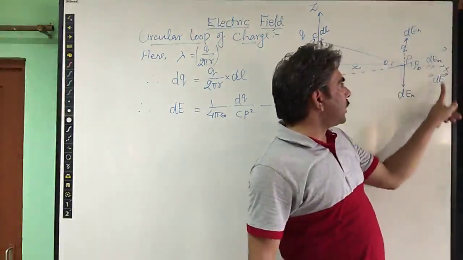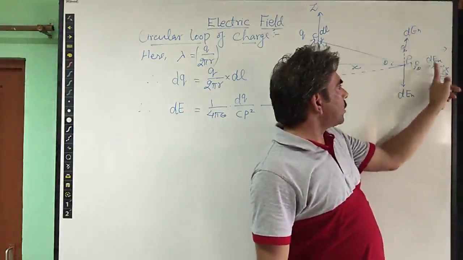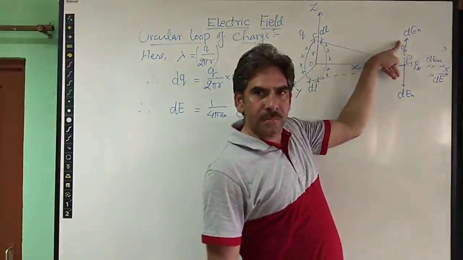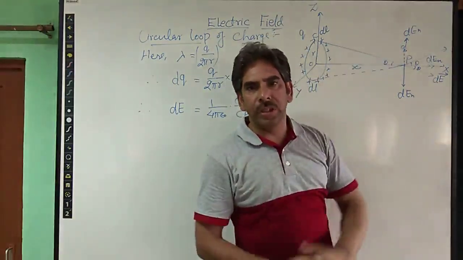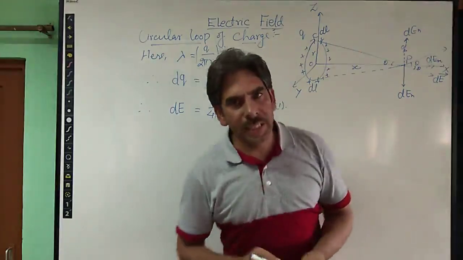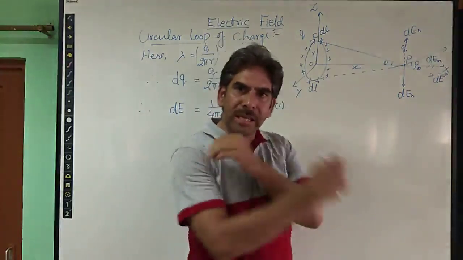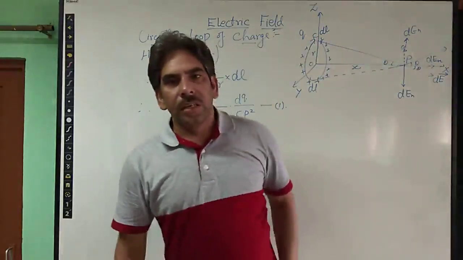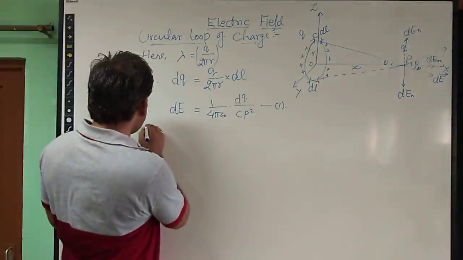Because these magnitudes will be the same and this angle will be the same, these components will also be the same for the two length elements. So these components are equal in magnitude and directed opposite to each other, and hence they will just cancel out the effect of each other. So we can say that for each length element, the vertical or normal component is always cancelled out. What component is left? Only the dEx along the x-axis.